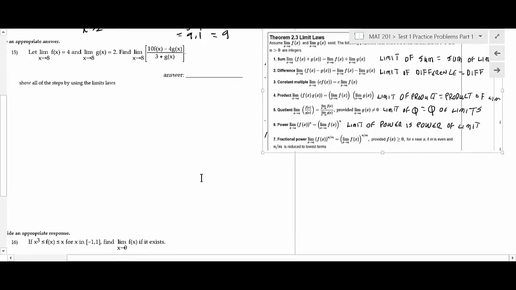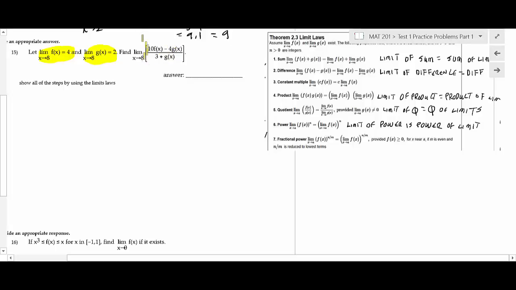So you're trying to write this out carefully, and part of what I do on a problem like this is I like you to be able to carefully write out your steps. I grade you for your steps on this. So I've given you basically 2 limits. The limit of f of x as x approaches 8 is 4, and for a second function, g of x, the limit as x goes to 8 is equal to 2.